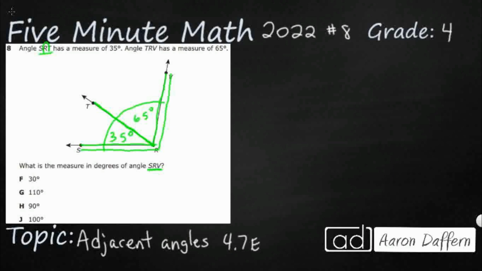Well, if we have two angles that are next to each other, that are not overlapping, we can use what we call an additive property, right? So think about when you are looking at area. Let's say this has an area of 3 units, this has an area of 3 units, so how big is the whole thing?